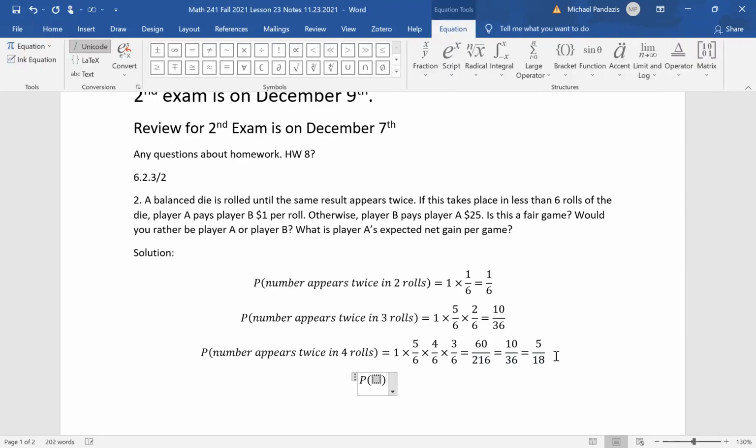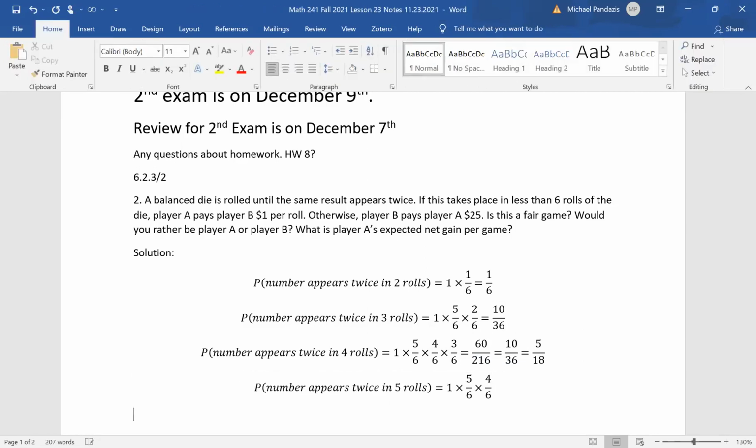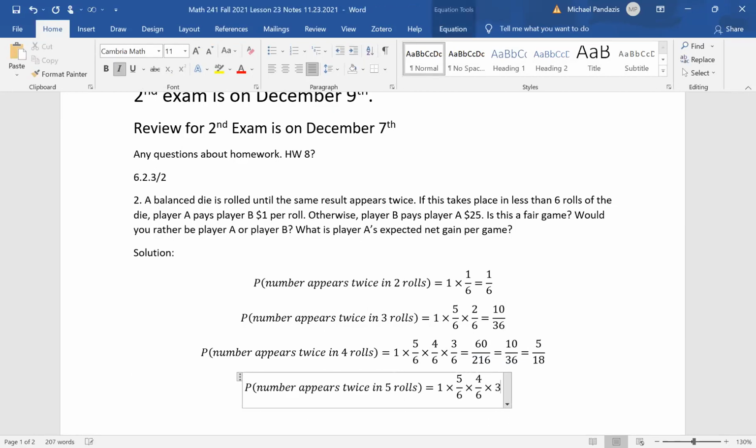Now the probability that a number appears twice in 5 rolls, because it has to be less than 6. In 5 rolls, the first time is anything, the second time has to be different, so 5/6. The next one has to be different again, times 4/6. The next one has to be different again, so 3/6. Those are 4 rolls. The next one has to be the same as one of the previous 4, so that's times 4/6.